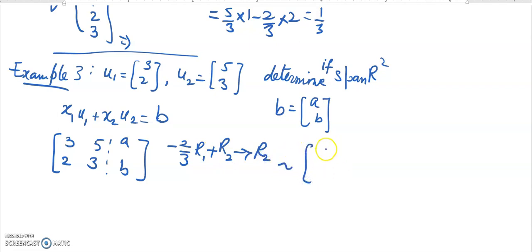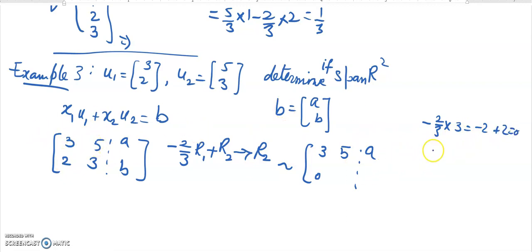So in this case, what I get is 3 5 a, and then the 2 will become 0 because minus 2 by 3 times 3 is minus 2, and minus 2 plus 2 is 0.